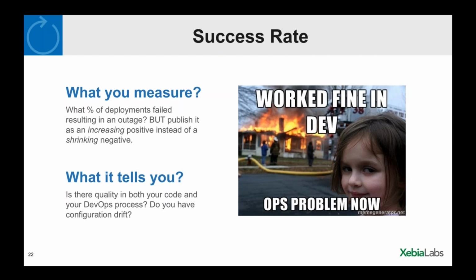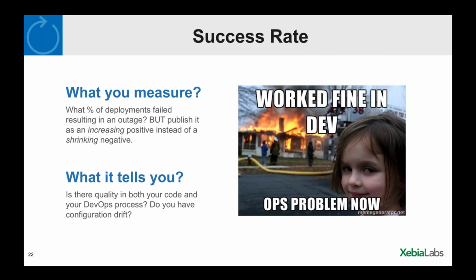So it worked fine in environment A, we deployed it to environment B, and suddenly it's not working. So something happened in the environment, a change that resulted in a failure. Understanding that that's happening can help you in your DevOps process to say, maybe we need better tooling or better processes around the provisioning and configuration of our environments to make sure that we don't have drift happening.